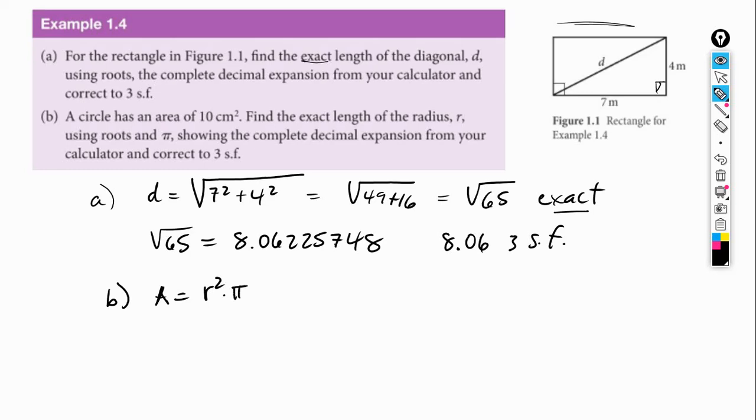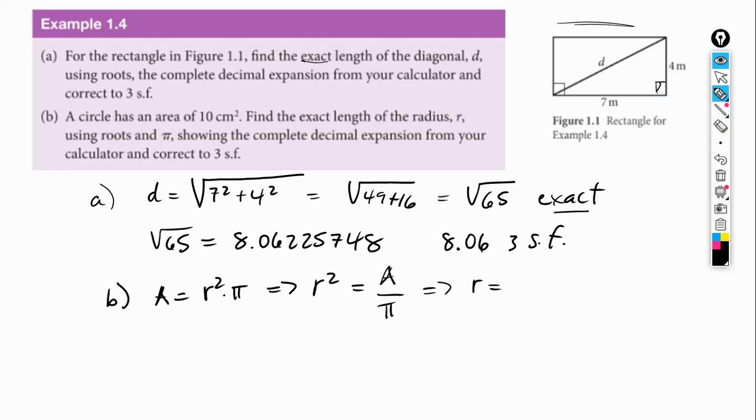What this implies is that we can rearrange this equation. We can say, well, r squared should equal pi over the area. Or, in other words, the radius should equal the square root. Oh, I did this backwards. No, this would not be pi over area, but rather area over pi. So let me correct that very quickly here. So area over pi.